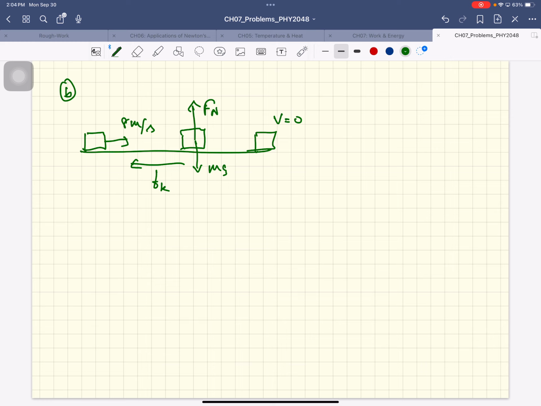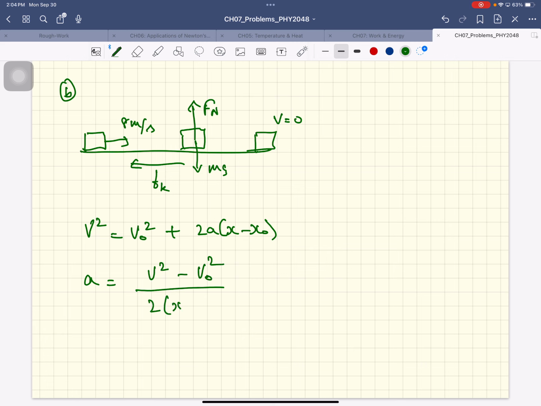Let's first find the acceleration. Okay, you come to rest.